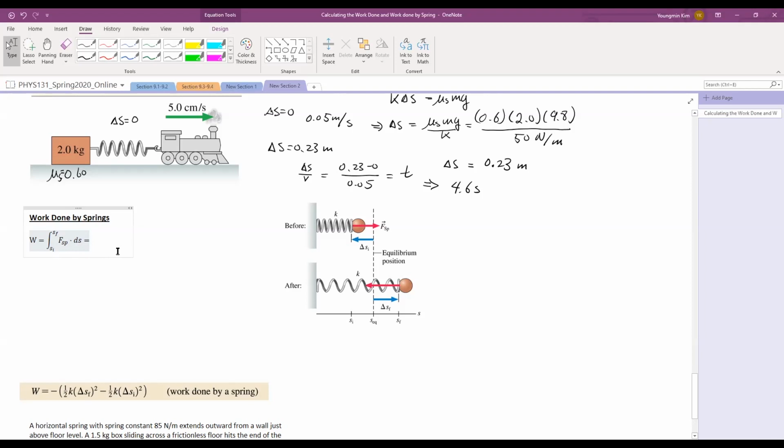Now here, for the force, we put the definition of the spring force, and then it's dotted with ds. Just copy and paste it here.